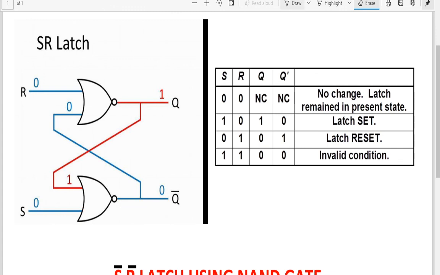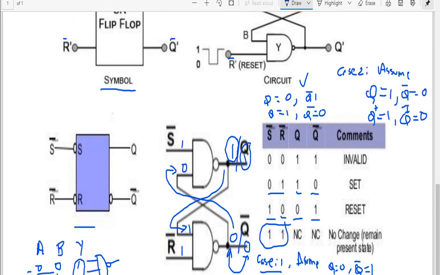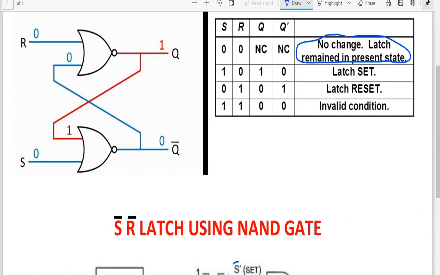Here when we had 0 0, we could say it remains in the present state, whereas in the NAND gate when it is 0 0, it is an invalid state, and this state is nothing but the state in a NOR gate SR latch when both inputs S and R are 1 1.